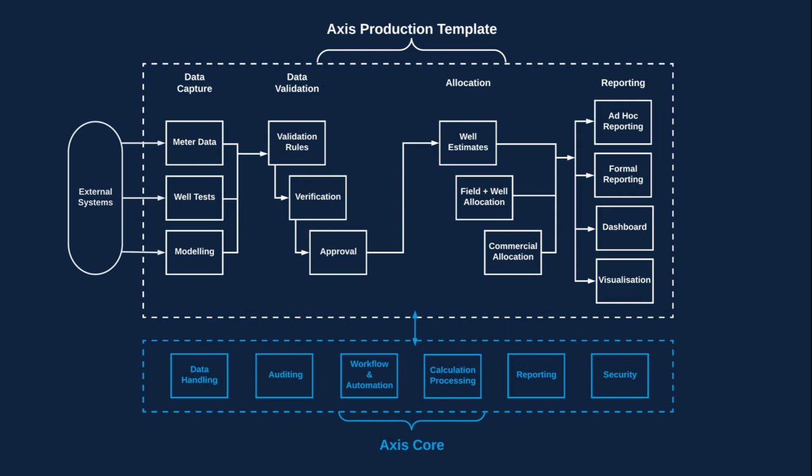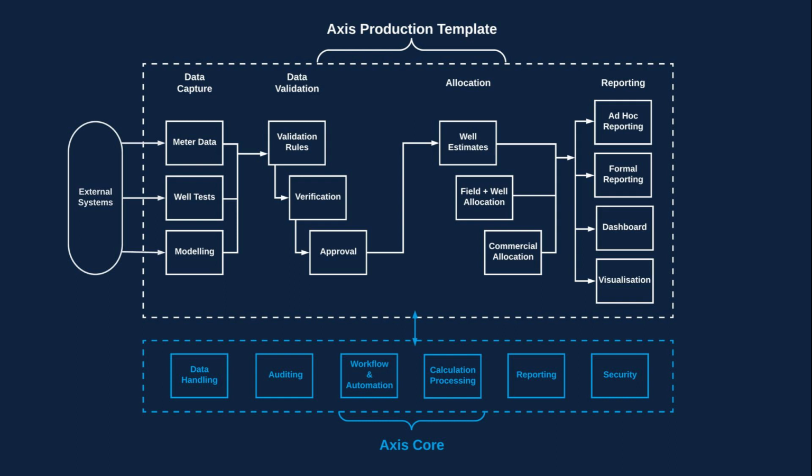Now AXIS Core provides the generic functionality that's used by all hydrocarbon accounting applications supported by AXIS, and that includes data handling functions, auditing, workflow and automation, calculation processing and reporting, whereas the templates provide the specific functionality that's required for a particular hydrocarbon accounting application.